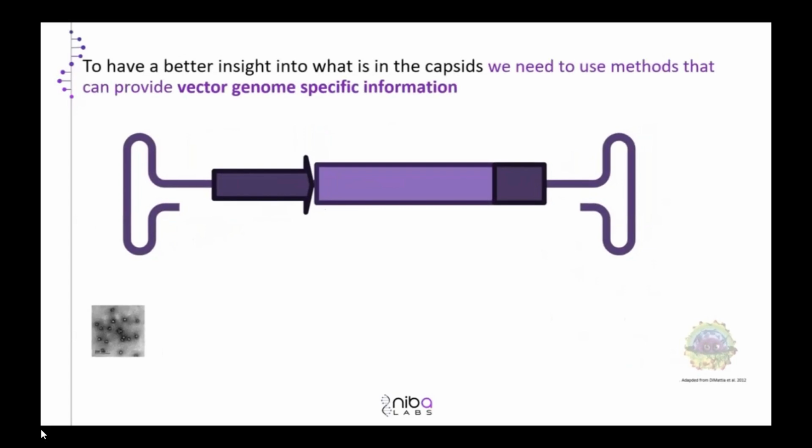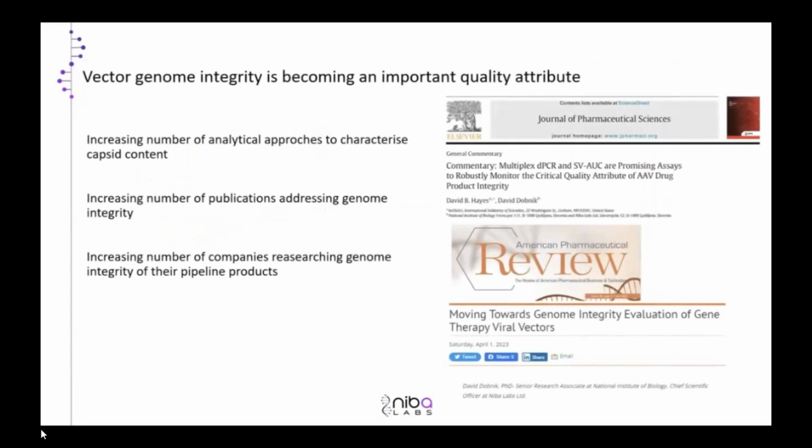And integrity is becoming a really important quality attribute in this fashion, since not only do we just quantify the amount of genomes, we need to show that it's present in its full length.